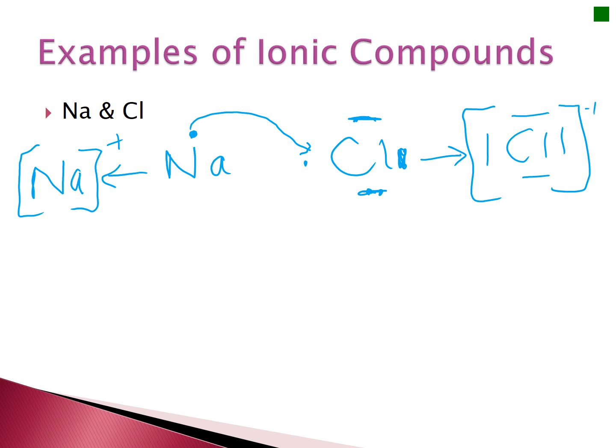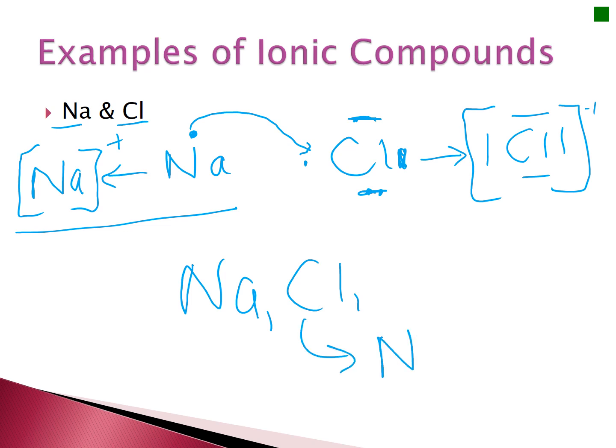Now that everybody's happy, you have your total compound. When I combine Na with Cl, my formula will be Na. How many Nas did I use to make this? I used 1, so Na1, Cl, and how many Cl did I use? 1. We tend to not write those 1s, so you would condense it to NaCl. That's how we get sodium chloride.